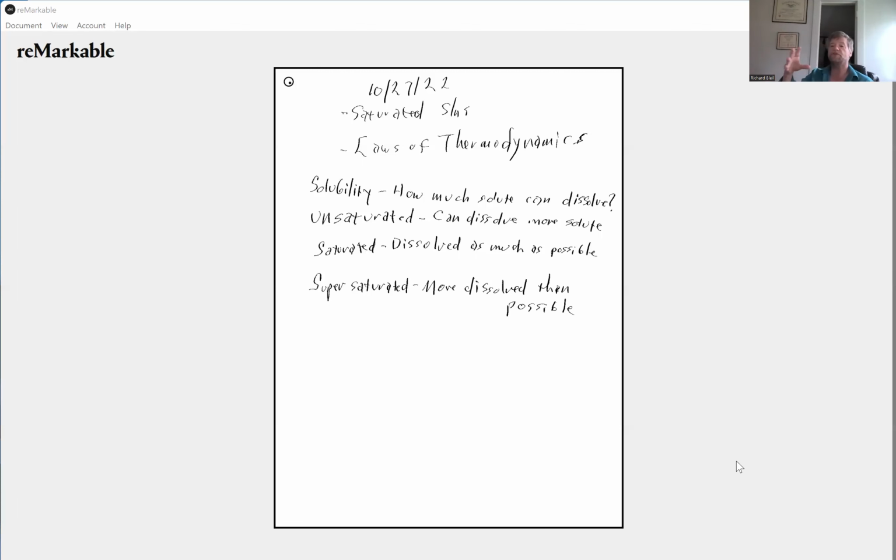So here's what you do. You make a saturated solution with excess crystals in the bottom. You heat that solution up to a point where all of that excess crystal is gone. That's critical, till it's absolutely gone.